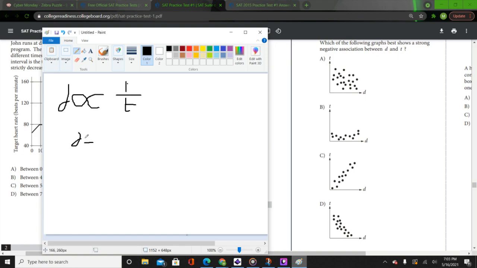Granted, that might not be the best way of describing it, but yeah, it's inversely proportional.